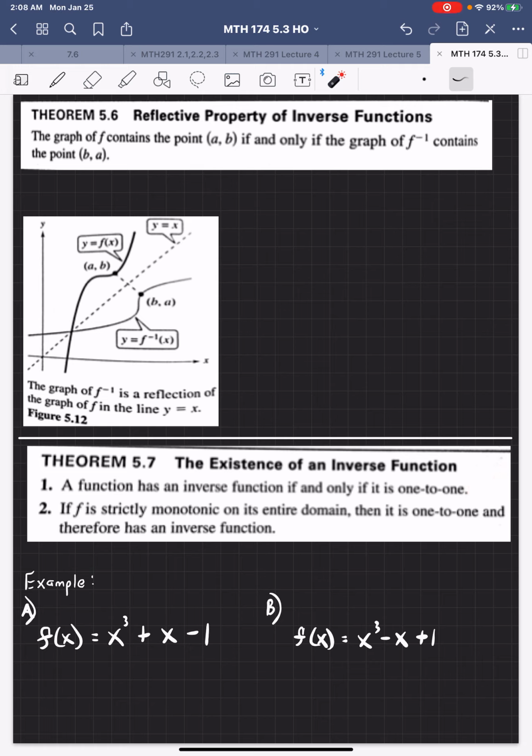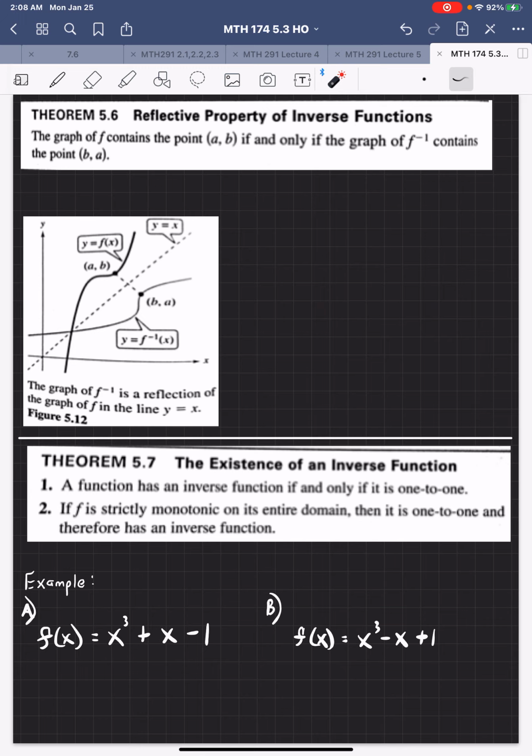The next part of the theorem says, if your function is strictly monotonic, and monotonic means it's either everywhere increasing or everywhere decreasing. Like this one is not monotonic, because it's increasing, then it starts to decrease, then it starts to increase again.